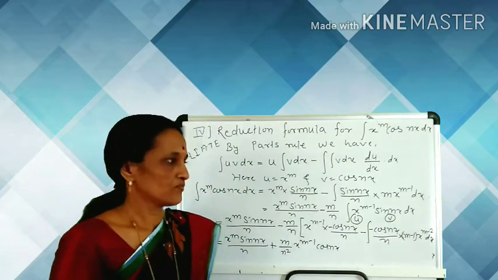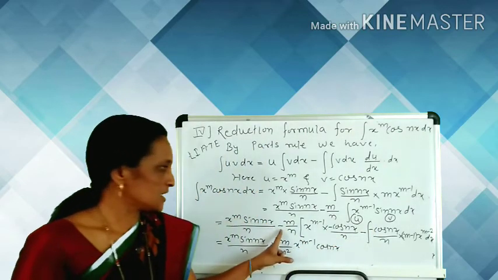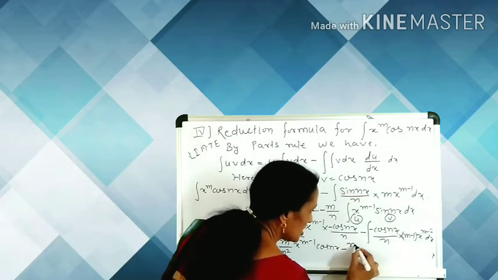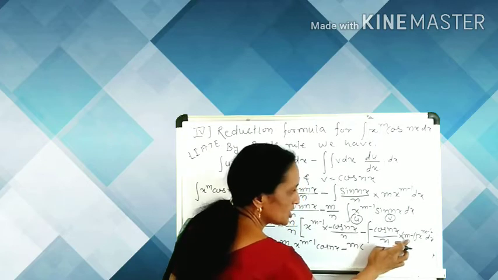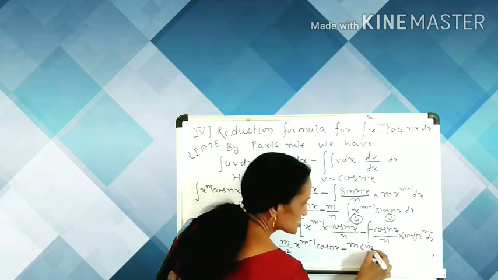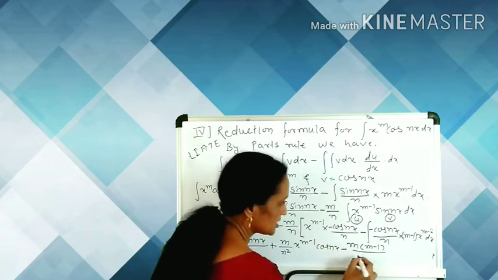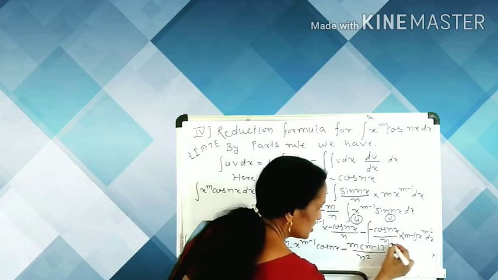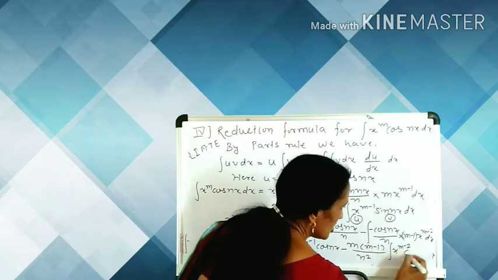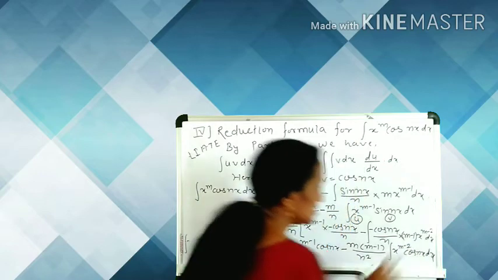Again, minus minus is plus and here is a minus, so we write minus m multiplied by m minus 1, divided by n multiplied by n as n square, into the integration of x raised to the m minus 2 multiplied by cos nx dx.